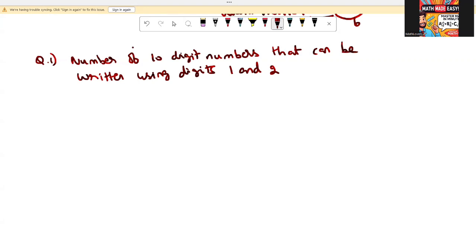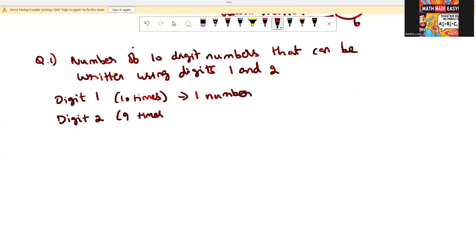Okay. So here we'll take the condition with the help of the presence of digit 1. So if digit 1 is going to be present 10 times, there's going to be only one number in that. Sorry, digit 1 is going to be present 9 times.